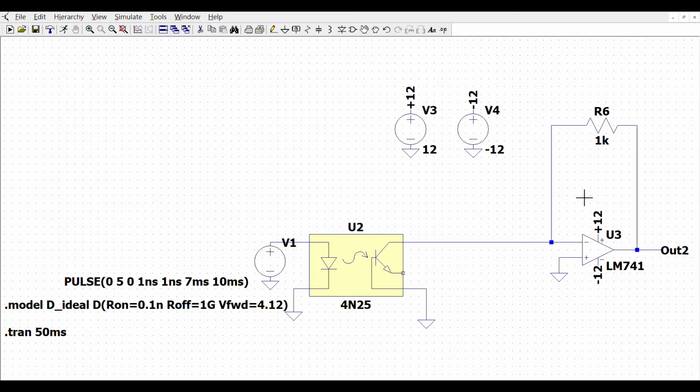We make the resistor 1000, which amplifies the signal about 10 times. Because when the panel rotates, the signal is like a pulse, we make the voltage a pulse and see what the output is.